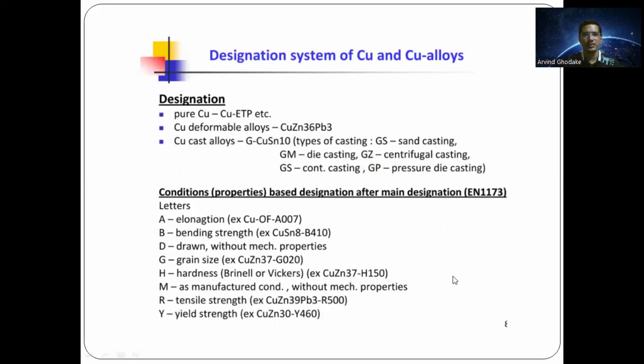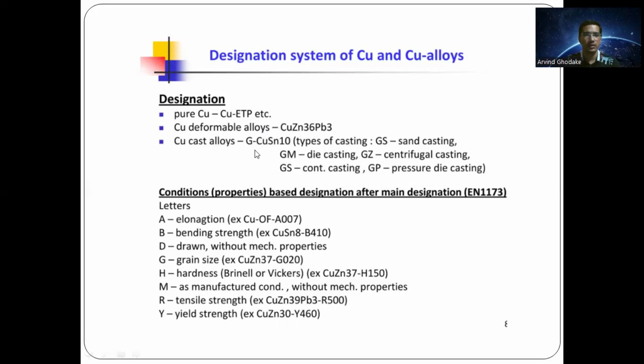Then the designation system of copper and copper alloys. Pure copper is designated as Cu-ETP, etc. Deformable copper alloys are denoted by, for example, CuZn36Pb3.